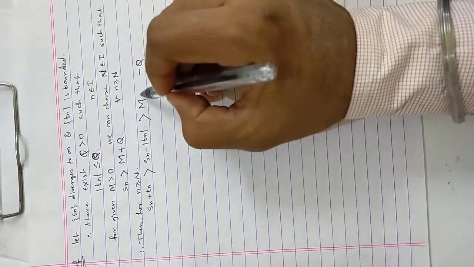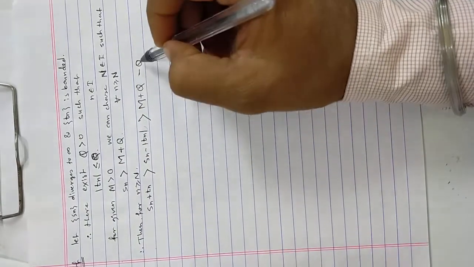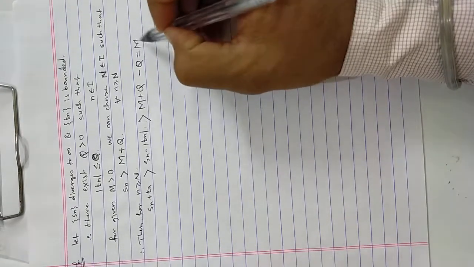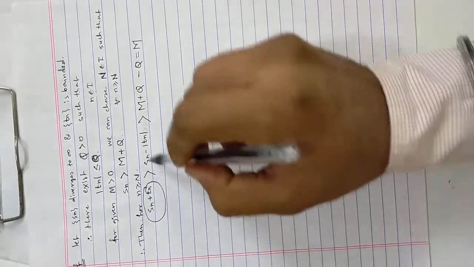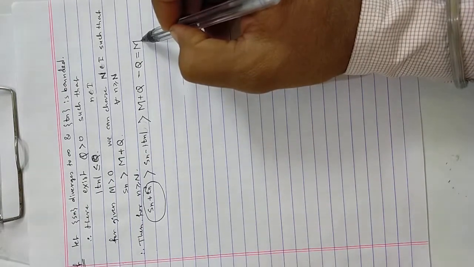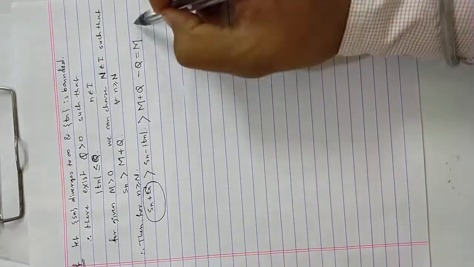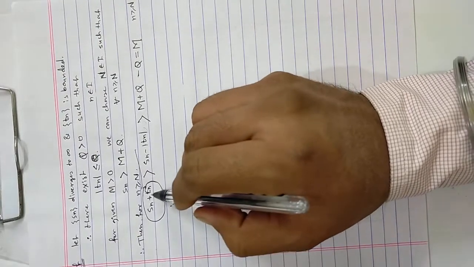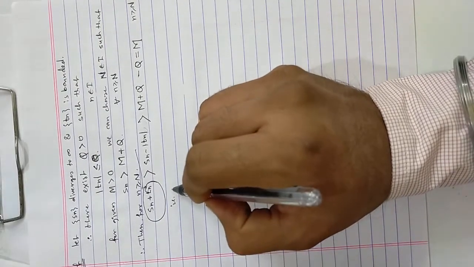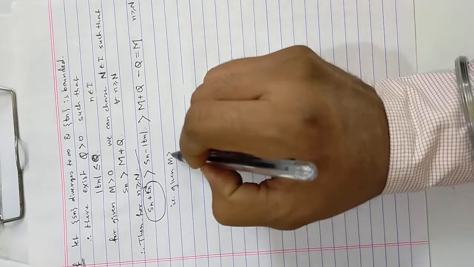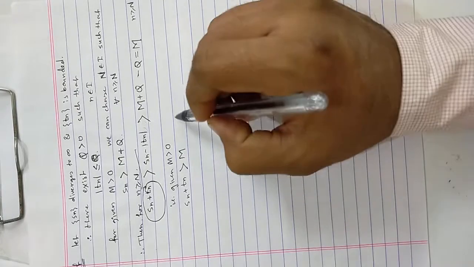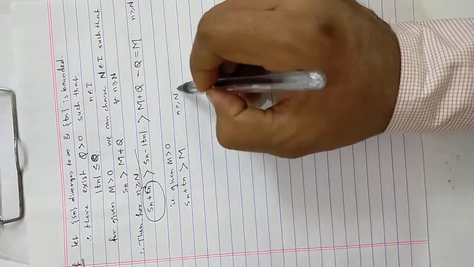It is for simplicity only, so that the q minus q vanishes, and now we get that every term of this sequence is strictly greater than a positive real number m, and it is true for all n greater than or equal to n, right? So it means that for a given m greater than 0, the sequence Sn plus Tn is strictly greater than m, and it is true for all n greater than or equal to n.